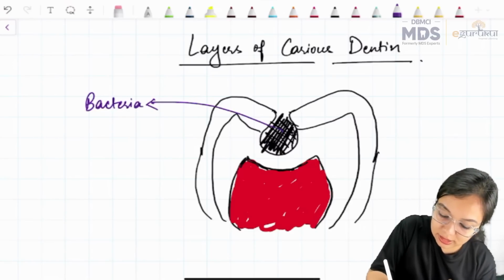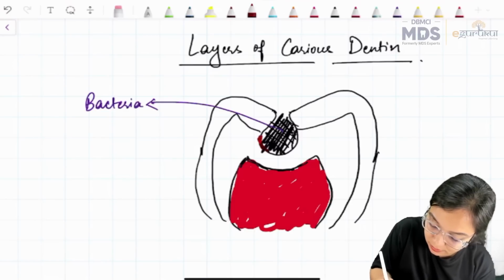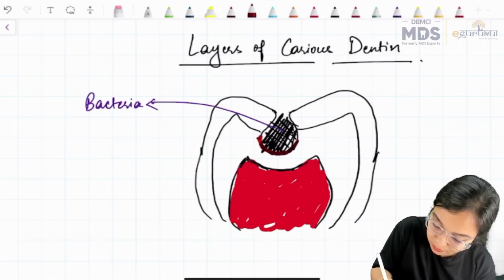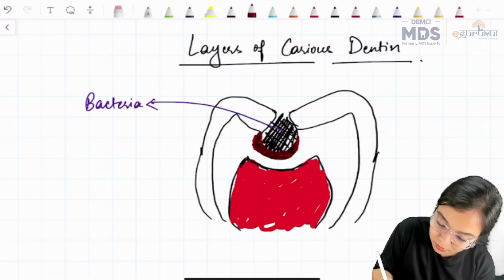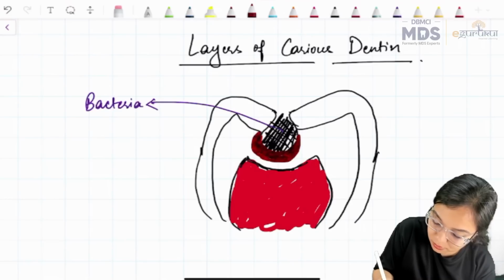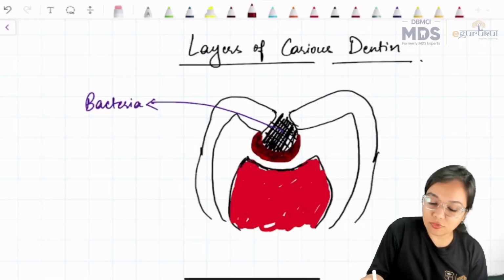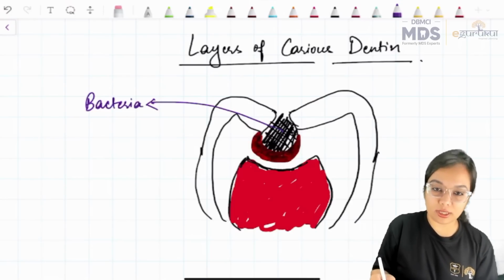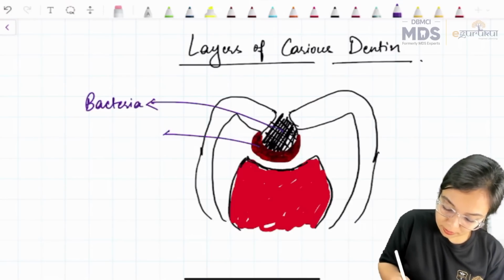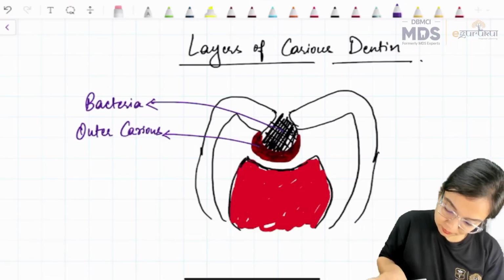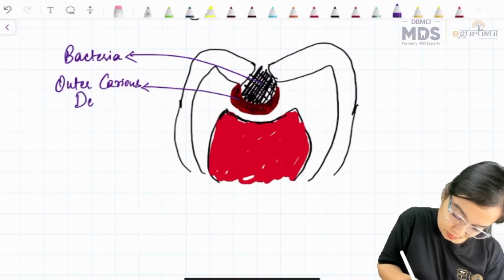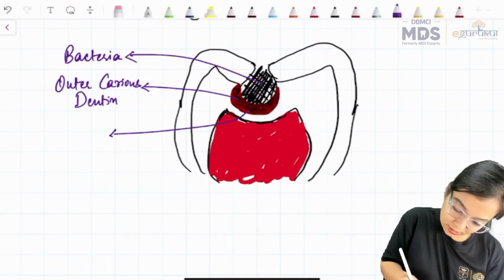For example, if this is the carious dentine, so we have an outer carious dentine and an inner carious dentine.